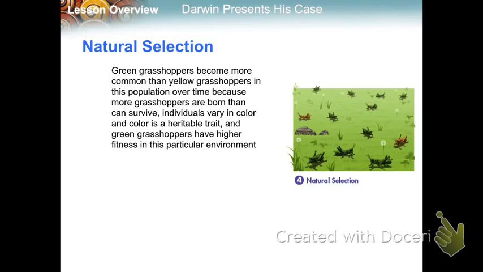Green grasshoppers survive, they reproduce, they pass on their genes, so you see a shift in the population towards green. Green grasshopper babies are born more frequently than yellow grasshopper babies.